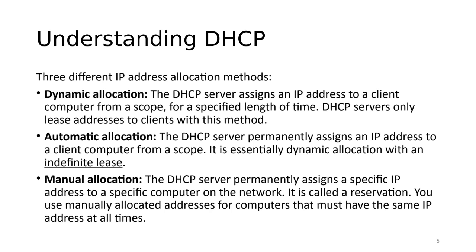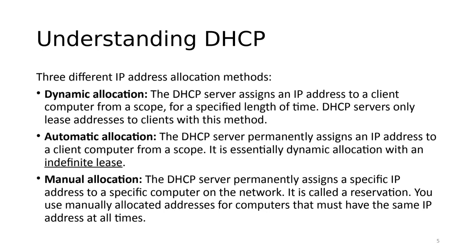Then we also have automatic allocation. The DHCP server permanently assigns an IP address to a client computer from the scope. So it is essentially dynamic, but with an indefinite lease time. That's the difference between dynamic and automatic.